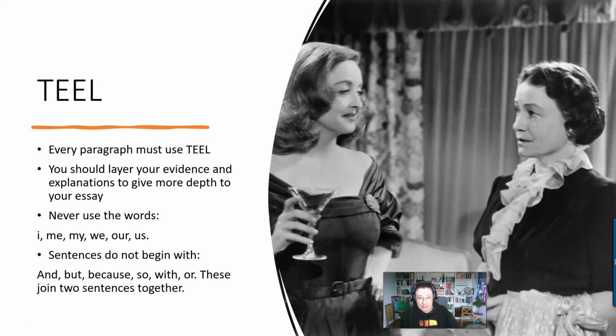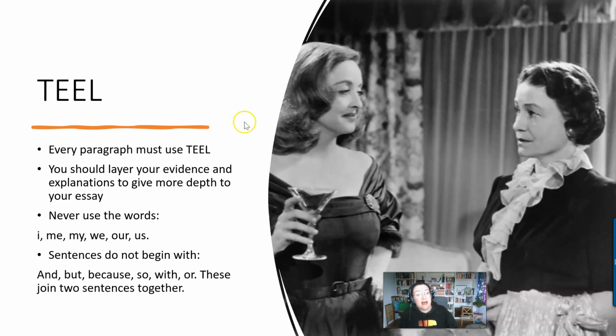No. You say, the audience sees. The viewer sees. And rather than saying, I think, you just scrub that out and you state it like it's fact. Instead of saying, I think Eve Harrington is horrible, you say, Eve Harrington is horrible. You don't need the I think.